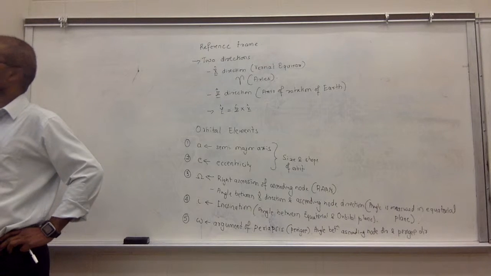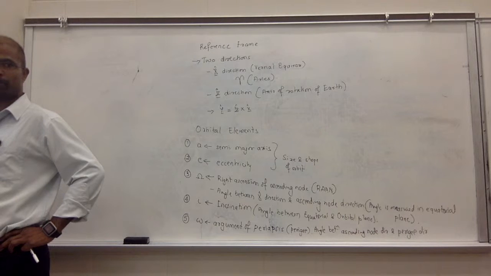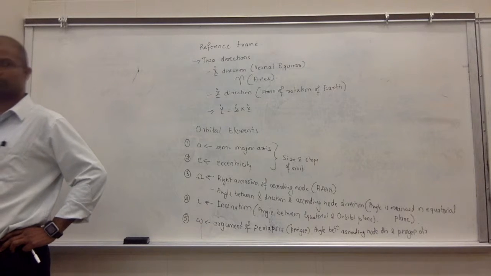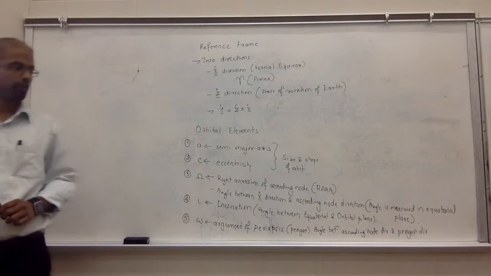The gray part is the equatorial plane. And this argument of periapsis is measured in the orbital plane. This is the top view. Making sense? What are the two axes we were talking about? Periapsis and what? The apoapsis.